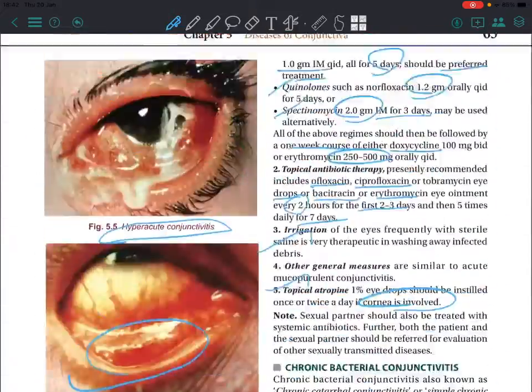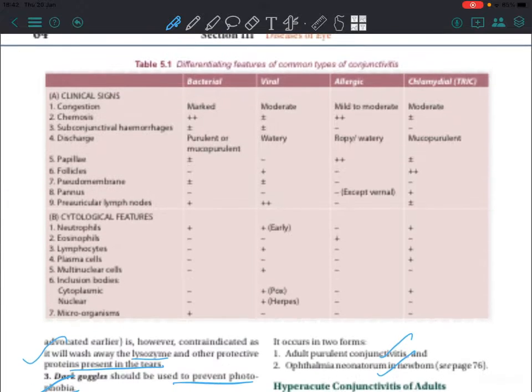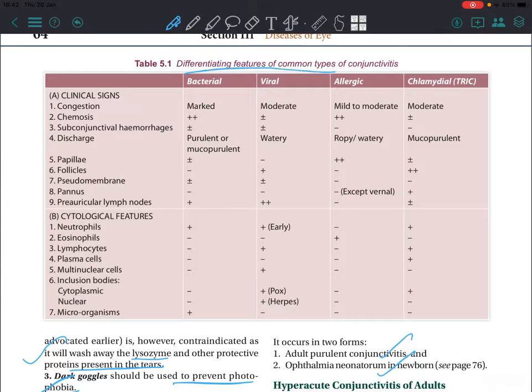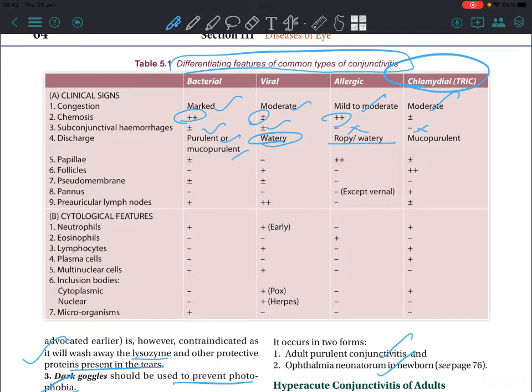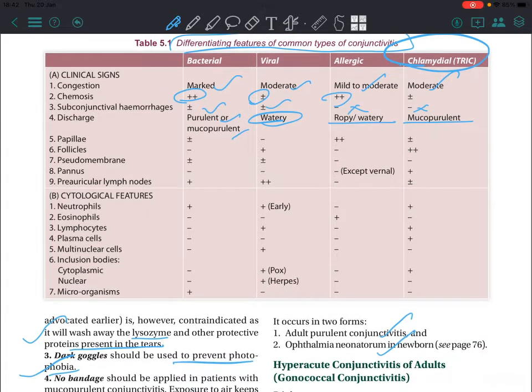And for chlamydial, we will see the differentiating features of common types of conjunctivitis. Congestion: in bacterial it is marked, viral moderate, allergic mild to moderate, chlamydial moderate. Chemosis, subconjunctival hemorrhage, discharge: purulent or mucopurulent, watery, ropey watery, mucopurulent.